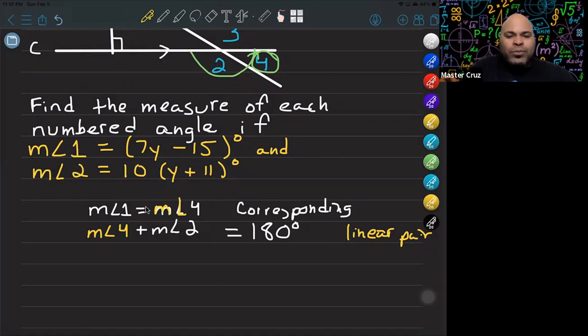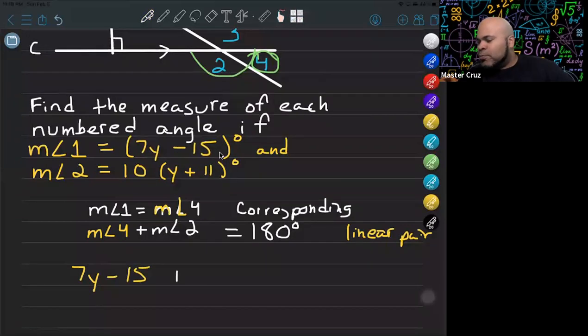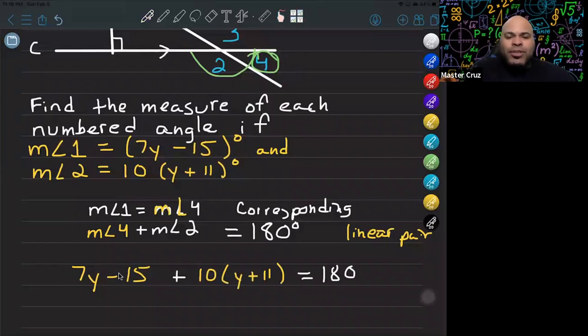Angle 1, which is the same thing as angle 4, is 7y minus 15, there's a plus sign there, and then I substitute the measurement of angle 2, which is 10 times (y plus 11). All this needs to equal 180 degrees, just by substitution. And that's the geometry part of this problem.